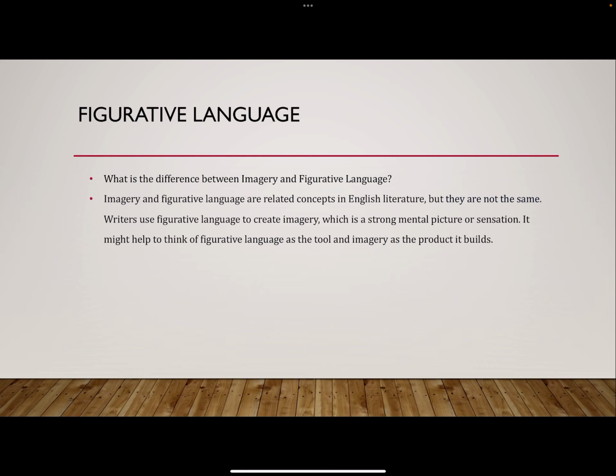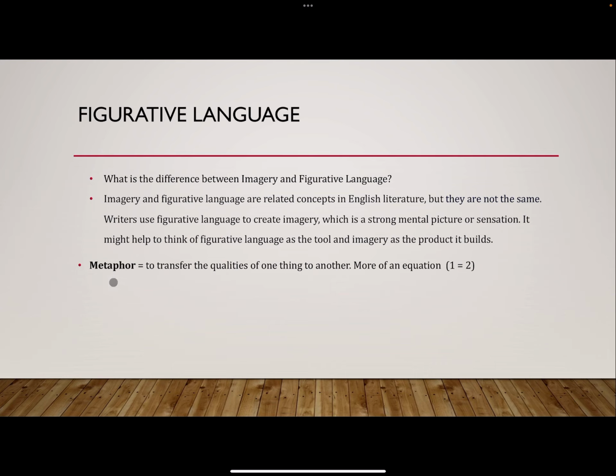They're related concepts in English literature. Figurative language is typically used to create imagery, which is a strong mental picture or sensation. If we focus on that word sensation, we think of senses. So in some way, one or more of the senses, touch, smell, etc., get activated.